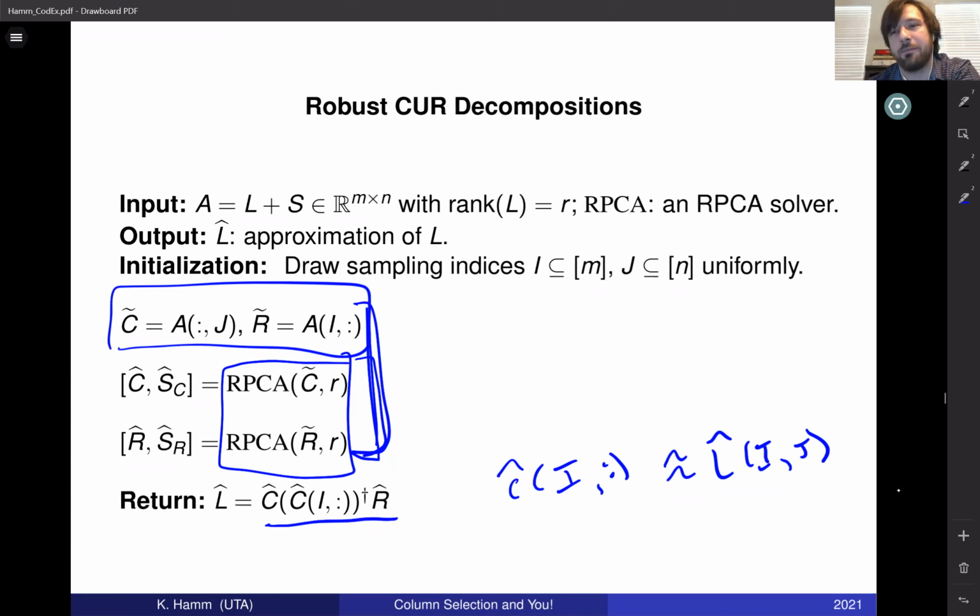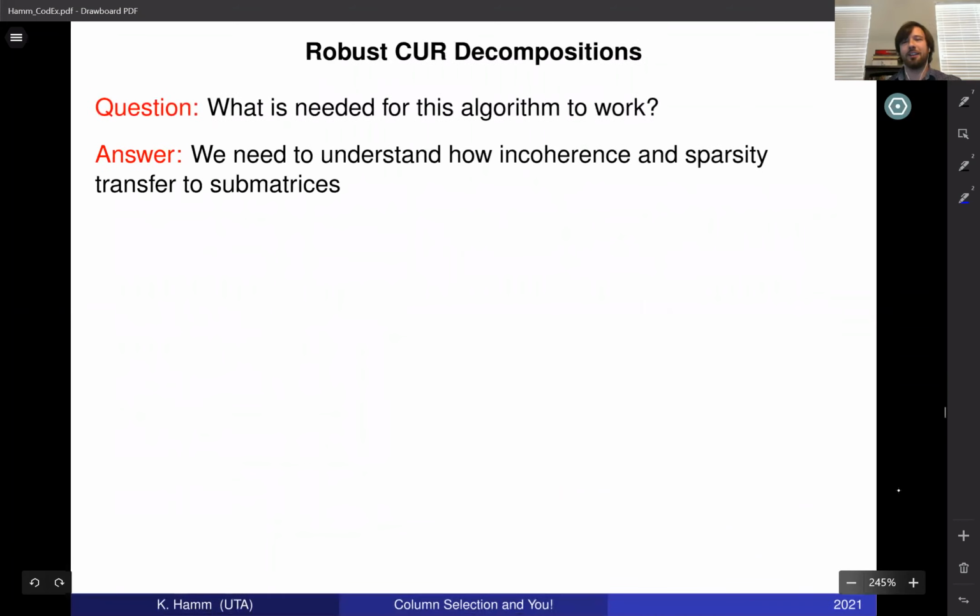That's what I need to understand. This was in some sense a little game, to see what we can prove about how these properties pass to submatrices based on how I sample columns and rows.